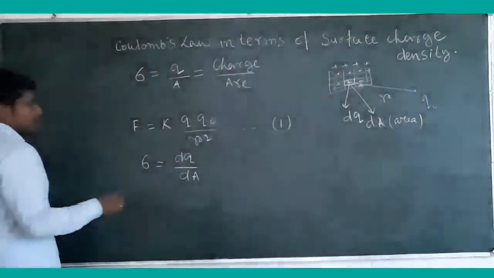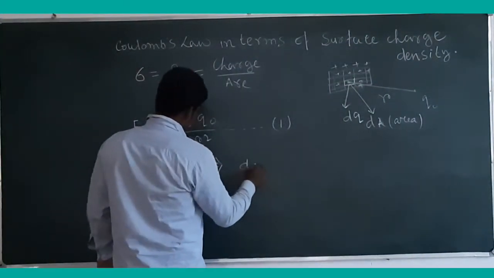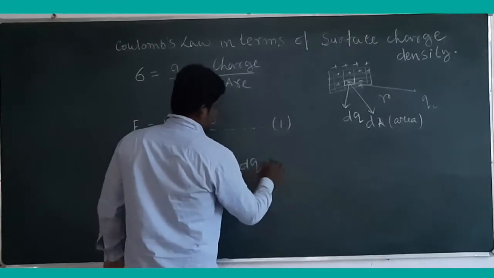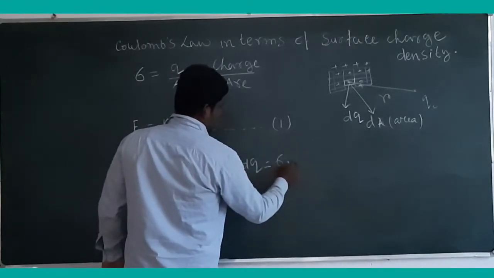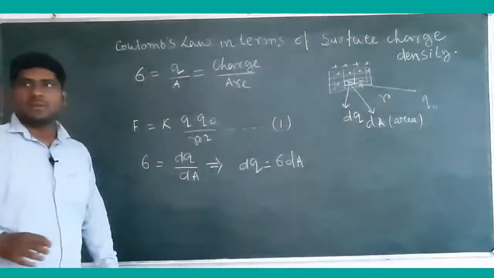So from this equation we can write dq is equal to sigma dA. Yes or no?